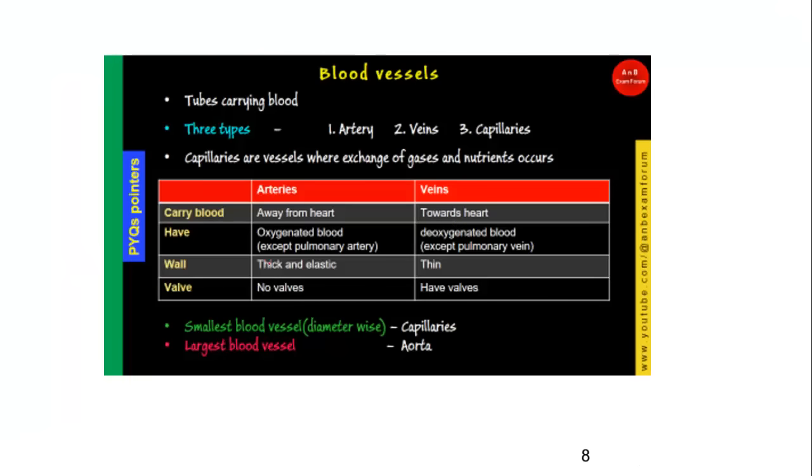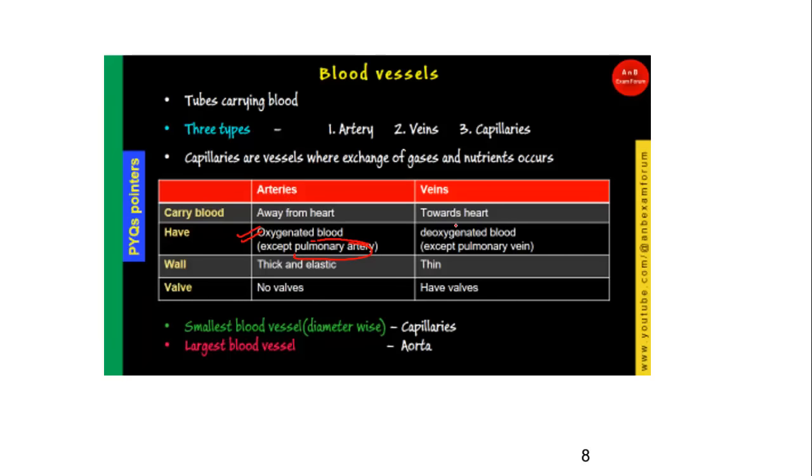The main difference between arteries and veins is that arteries carry blood away from the heart. Basically, these arteries carry oxygenated blood, except one exception, the pulmonary artery, which carries only carbon dioxide rich blood.